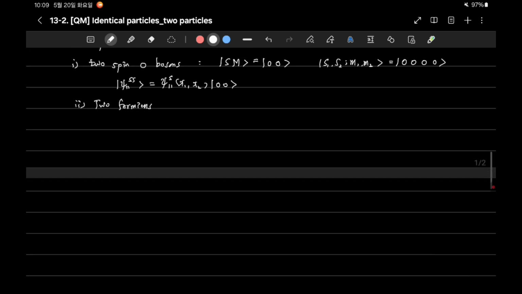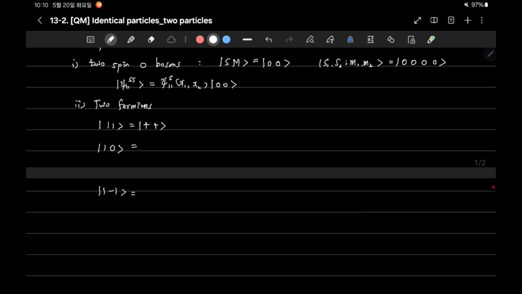In the two fermion case, one state is spin up and spin up. For two spin up particles, the total spin is 1. With total spin 1, the magnetic quantum number can be 1, 0, or minus 1, so there are three possibilities.